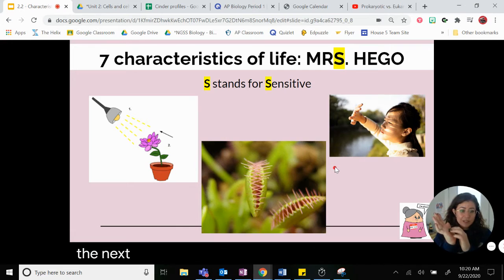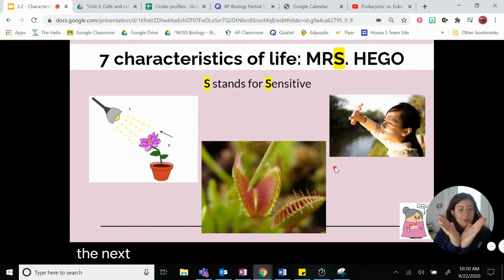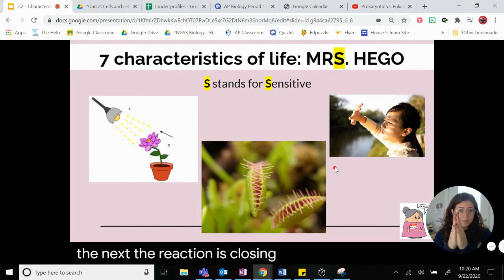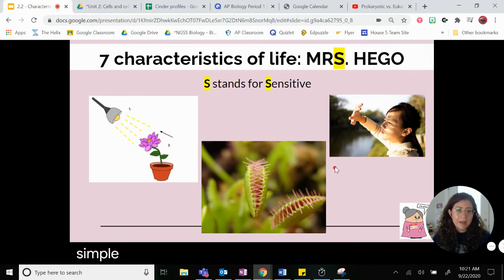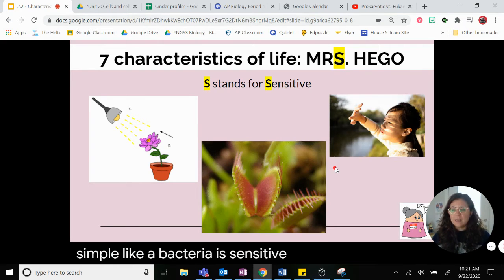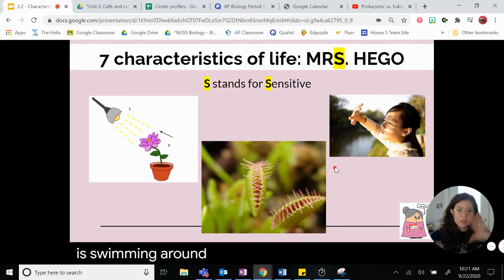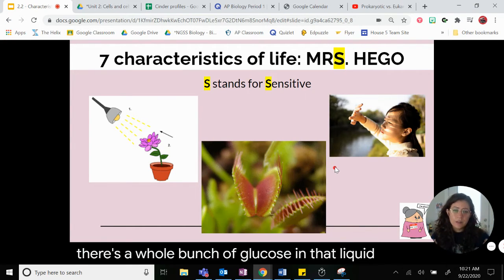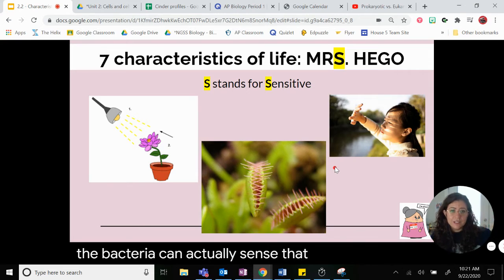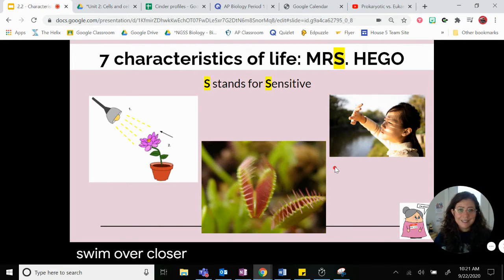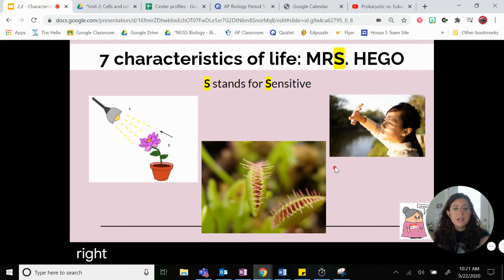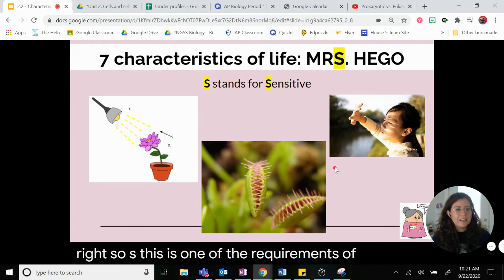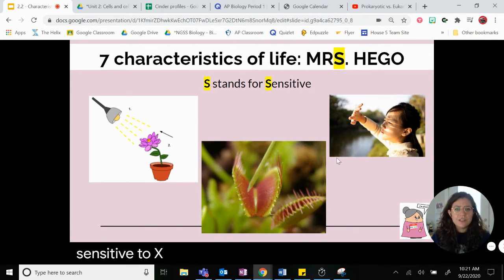So that's an external stimulus, the tickle, and then the reaction is closing. Even something really simple like a bacteria is sensitive. Let's say the bacteria is swimming around in some sort of liquid, and there's a whole bunch of glucose in that liquid. Well, the bacteria can actually sense that glucose and then swim closer towards it because that's tasty food, right? So S, this is one of the requirements of life, is sensitive to external stimuli.